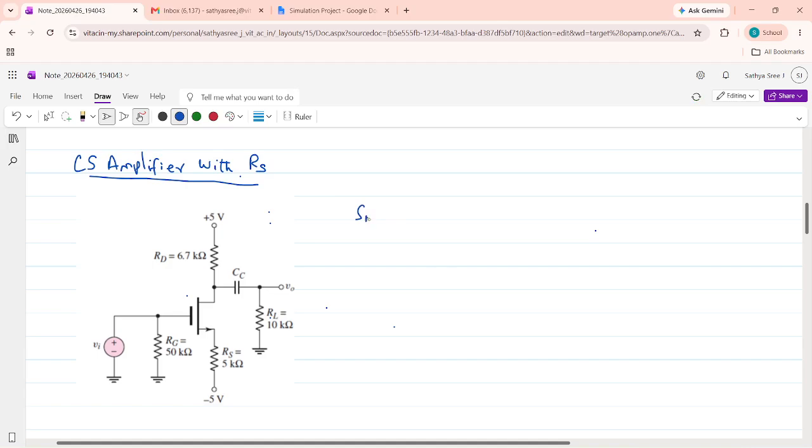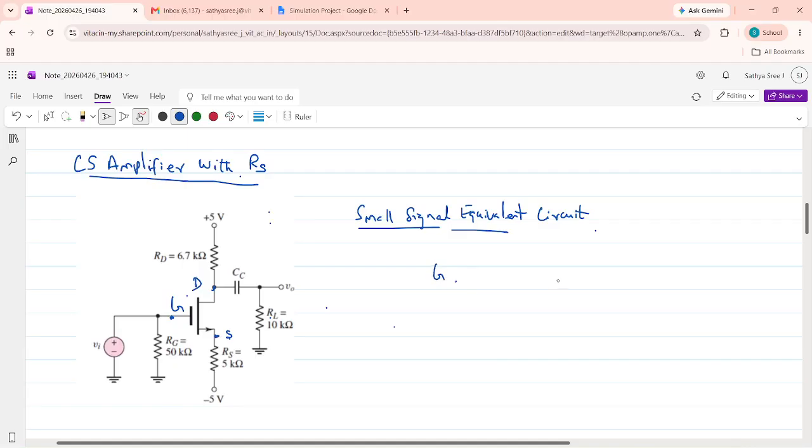So we are going to draw the small signal equivalent circuit. This is the gate, drain, and this point is the source.